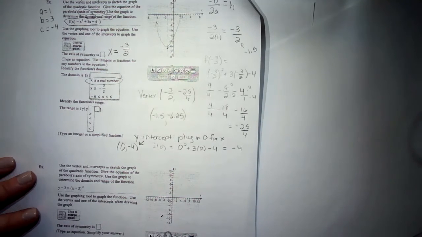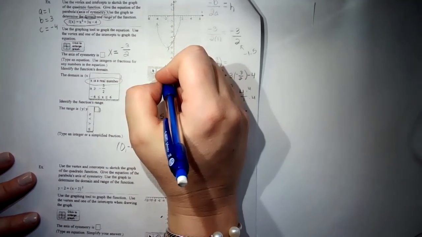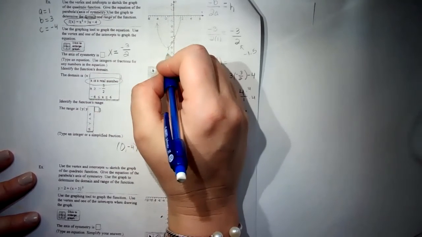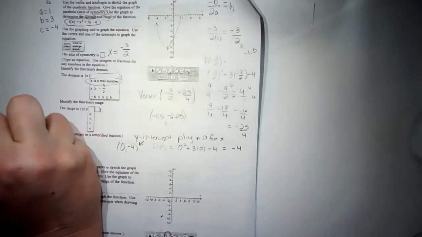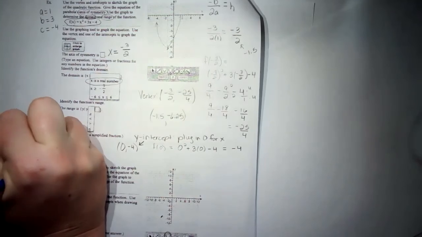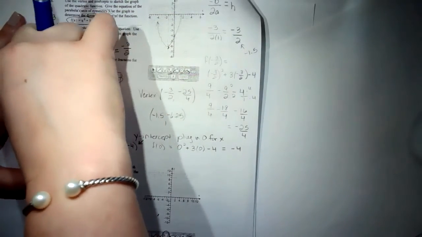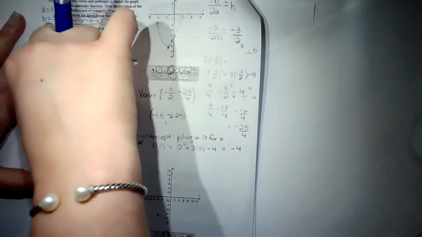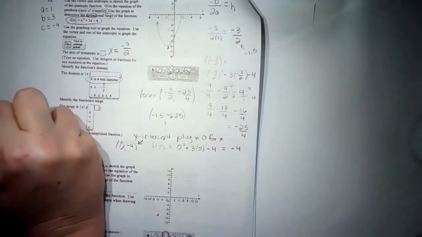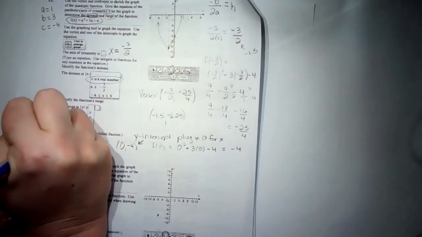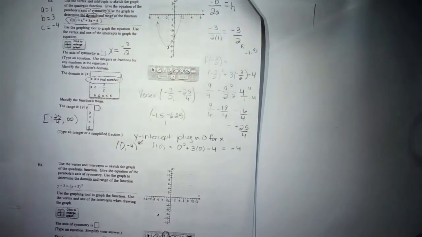Let's also think about what would be our range. Well, our range, if we wrote it in interval notation, is going to start here at negative 6.25, or sorry, it wants a fraction. Negative 25/4, and go all the way to infinity. But unfortunately, that's not an option.